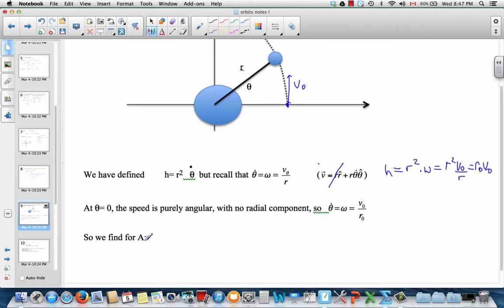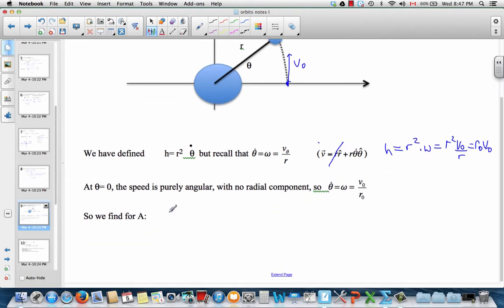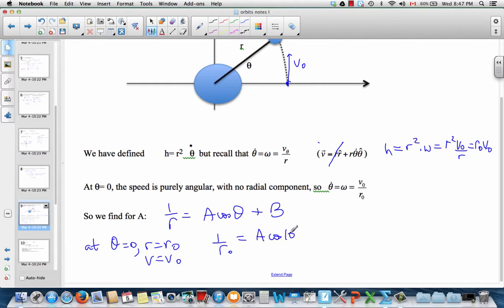Okay, so now we can use that to solve for the a constant. We know that 1 over r is a cos theta plus b. So at theta equals 0, we'll say the r is r0 and the v is v0. We get 1 over r0 is a times the cos of 0, which is just 1, plus the b constant, which is GM over h squared.